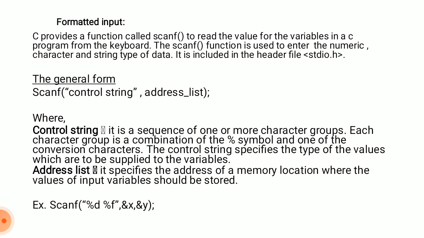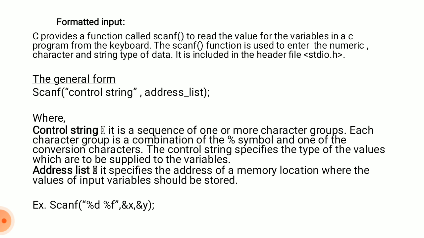As we know, C provides a function called scanf to read the values for the variables in a C program from the keyboard. Okay. So, through the keyboard we can read the input by using the formatted input function called scanf. The scanf function is used to enter numeric, character and string type of data, and it is included in the header file called stdio.h, that is standard input standard output dot h.